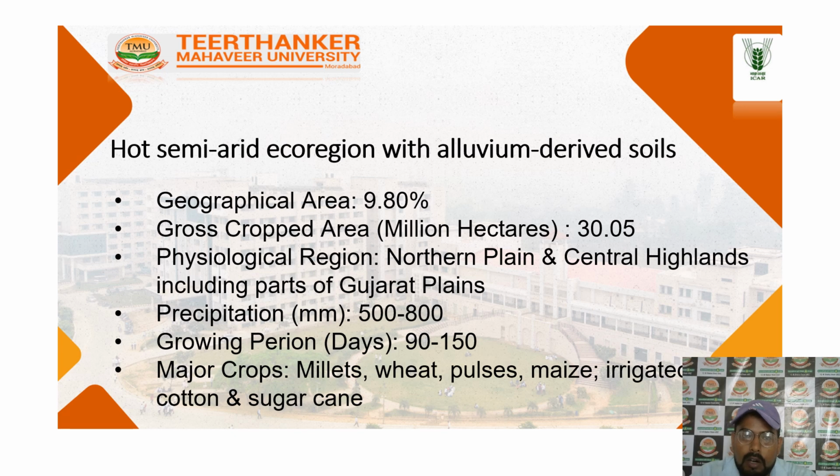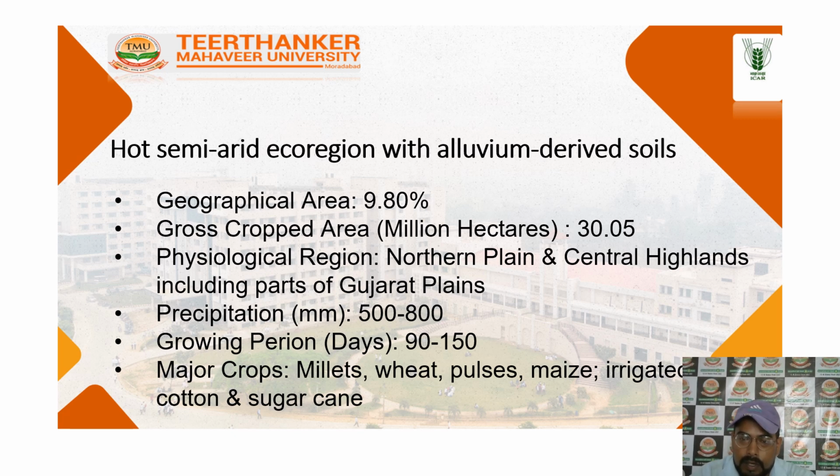The next is the hot semi-arid ecoregion and alluvial dry soil. That means the share of the geographical area is 9.8% and the gross crop area is 13.5 million hectares. The geological region basically found in this specific type of ecoregion is the northern plains and central hills, including part of the Gujarat plains.